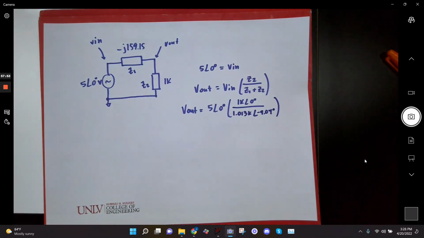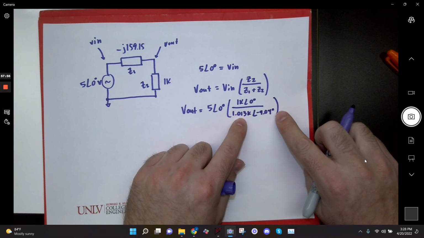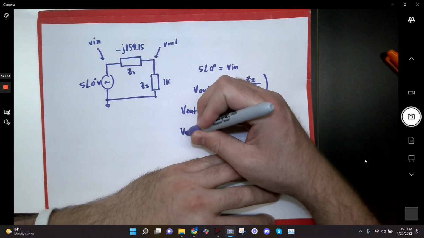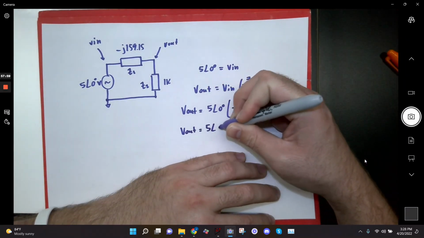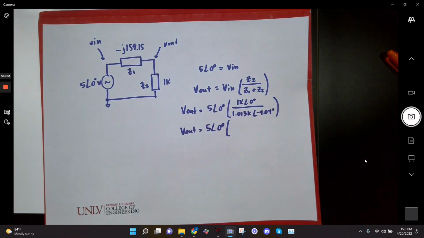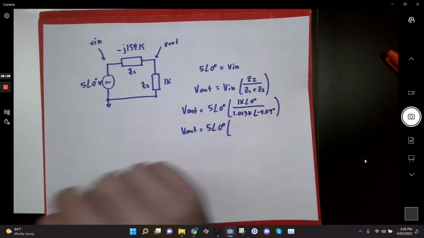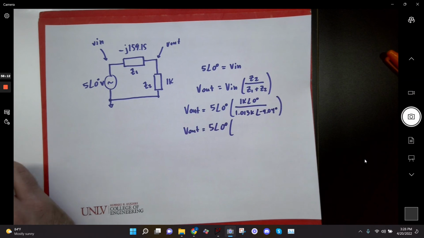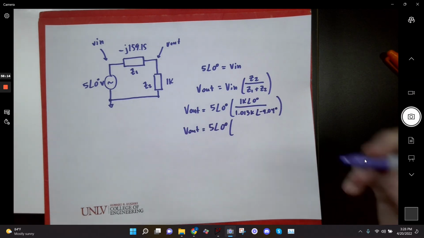All right. So I'd first divide here. 1K divided by 1.013K is going to give me that probably 0.493 or that 4.93. Or sorry, no, it's not. That's after I multiply by 5. 0.987.